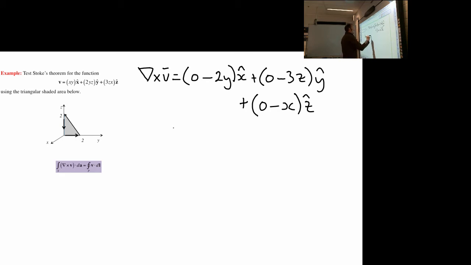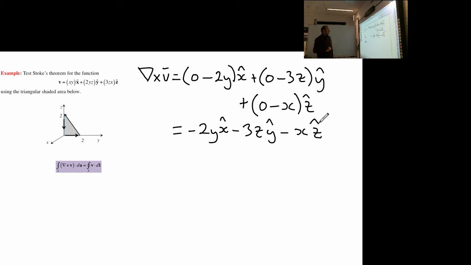So just to write this a little bit neater, we have minus 2y x hat minus 3z y hat minus x z hat.